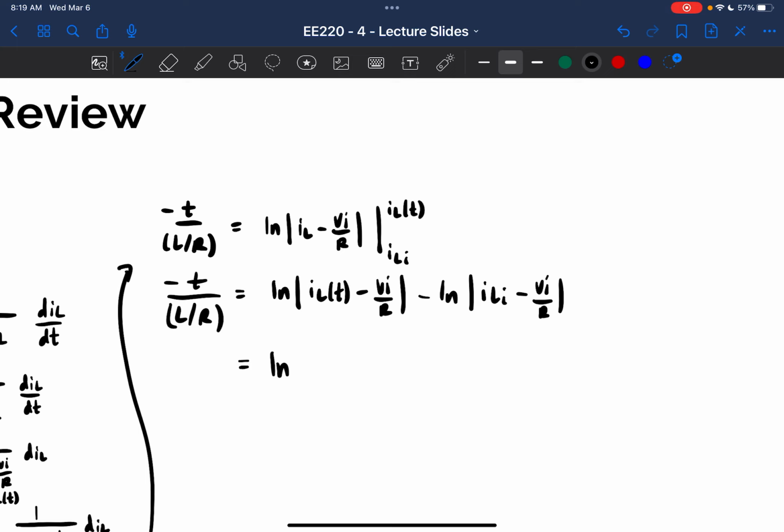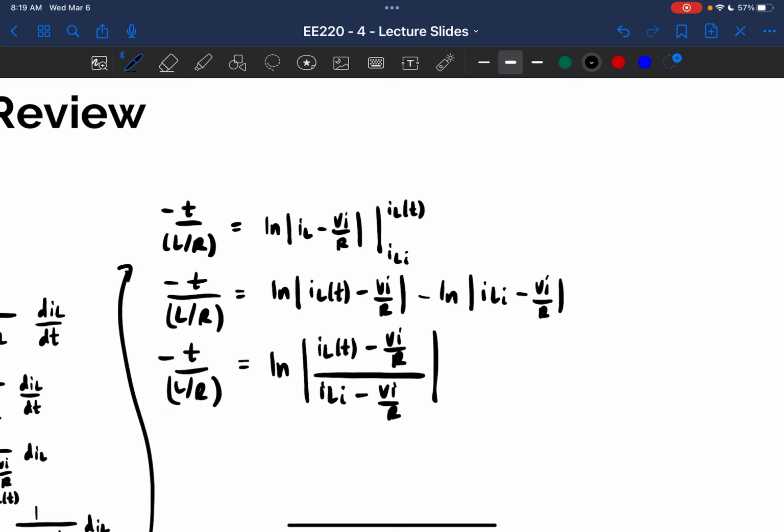I can rewrite it as IL of T minus VI over R over ILI minus VI over R. And then this is still negative T over L over R.